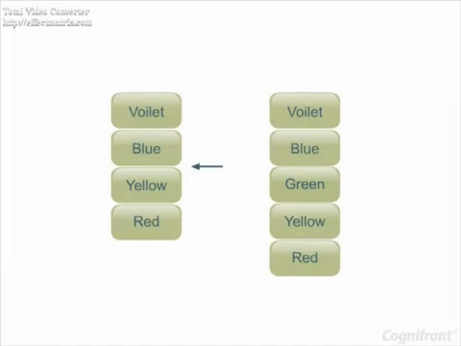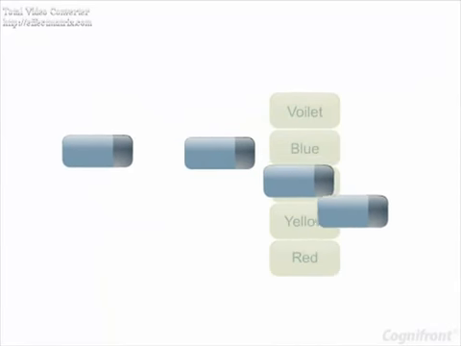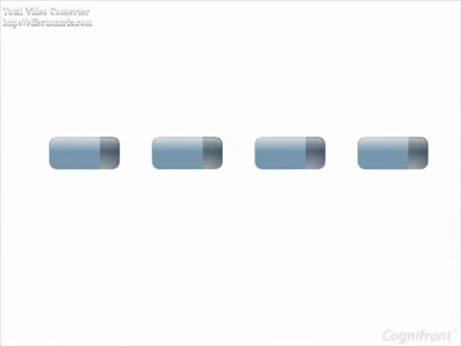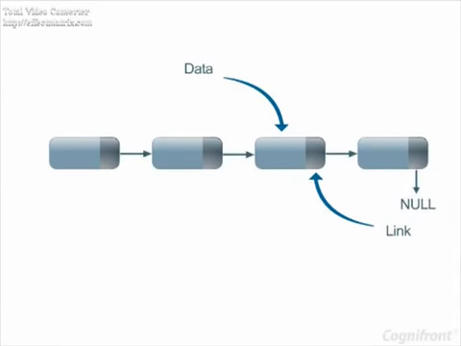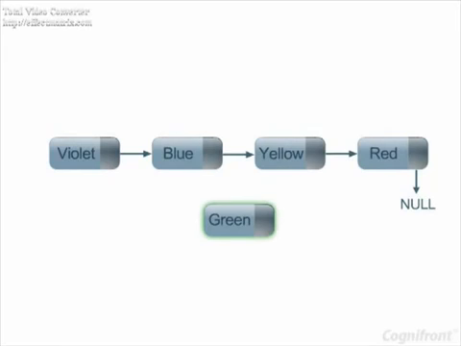Now consider another data structure, which is a collection of nodes. Each node has a data part and a pointer part called as link. Now here we want to perform the same operation of inserting green color between blue and yellow.